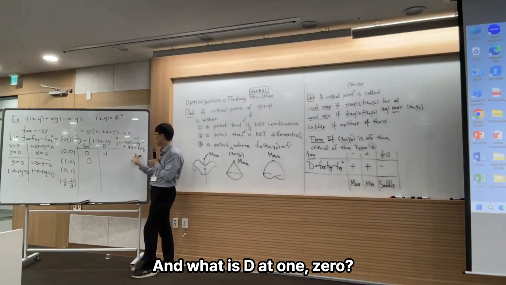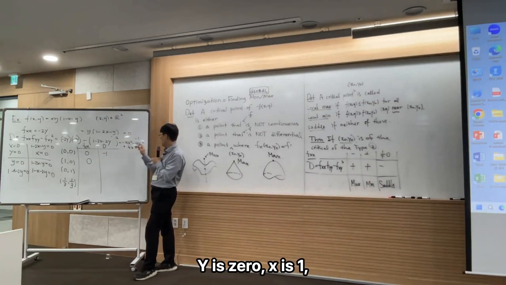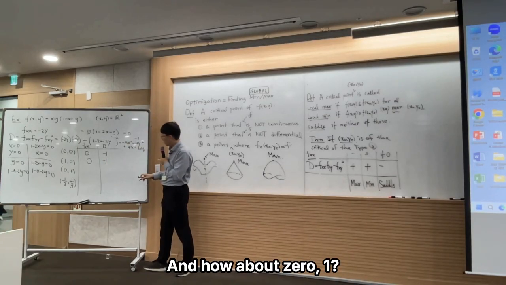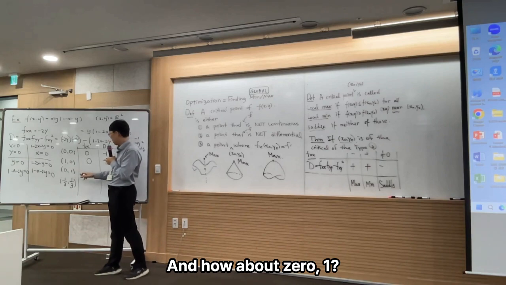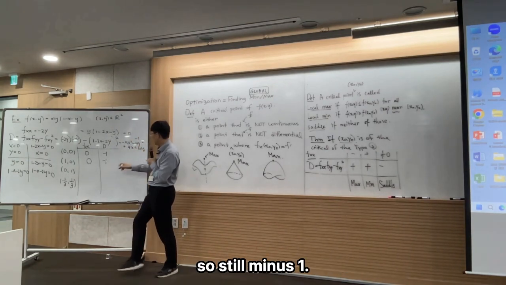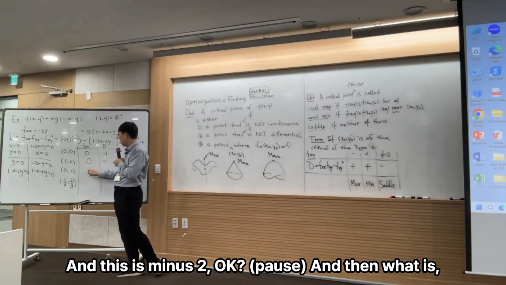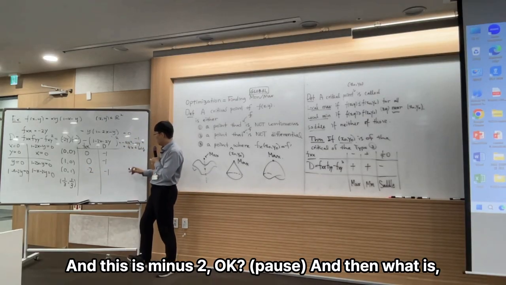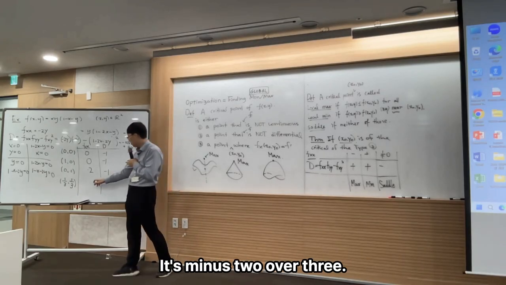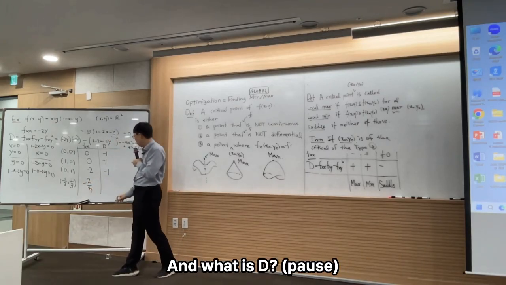And what is D at (1, 0)? Y is 0, x is 1, so it's still minus 1, right? And how about (0, 1)? So x is 0, y is 1. So it cancels out, still minus 1, and fxx is minus 2, okay? And then what is fxx at (1/3, 1/3)? It's minus 2 over 3. And what is D?